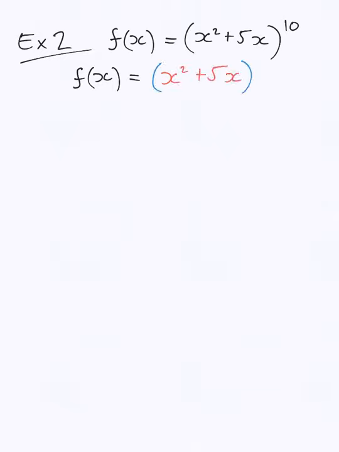Now I've put the colour on here to show which is going to be our inner function and which is the outer function. So u is the outer function. It just takes v to the power of 10. And then the thing inside the brackets, v, is x squared plus 5x. So first we'll differentiate u with respect to v.